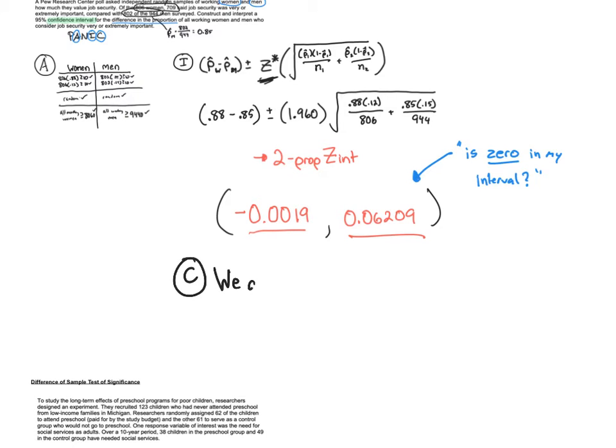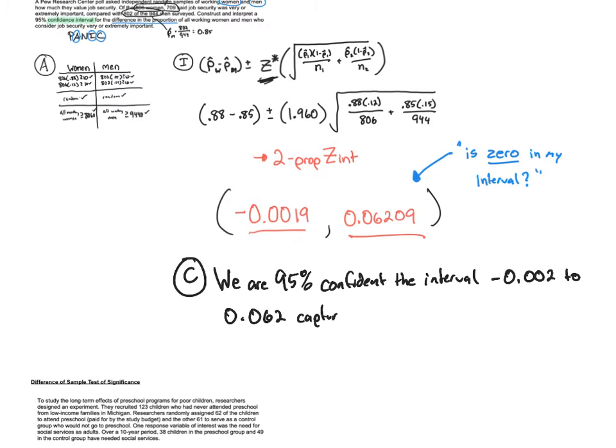Here we go. We are 95% confident the interval negative 0.002 to 0.062 captures the true difference. Okay, there's the important word.